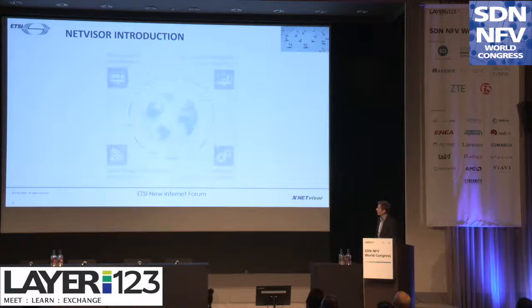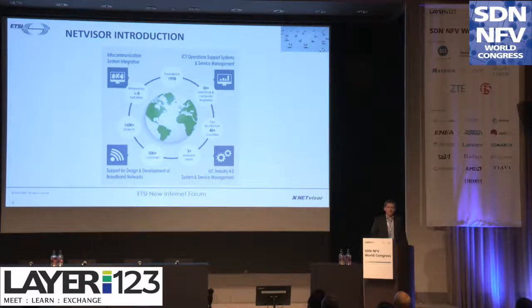Introduction. Our company NETvisor is located in Budapest. It's an SME, a 20-year-old company with about 50 employees, mainly computer engineers. The annual revenue of our company is roughly 7 million euros.